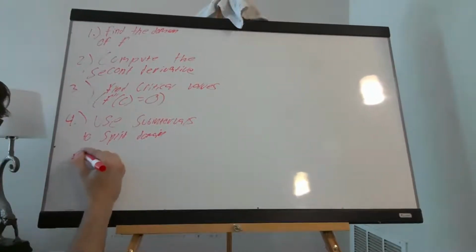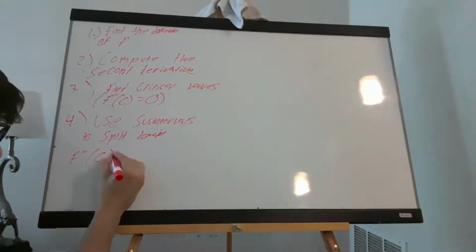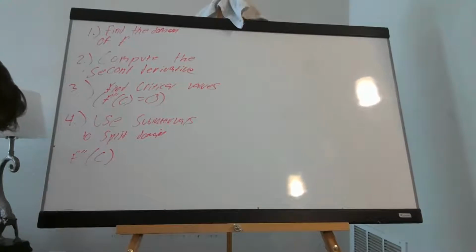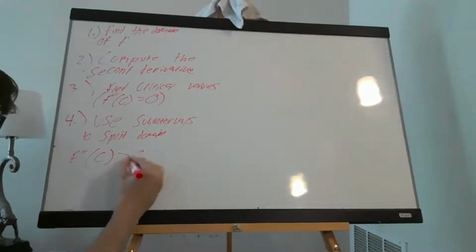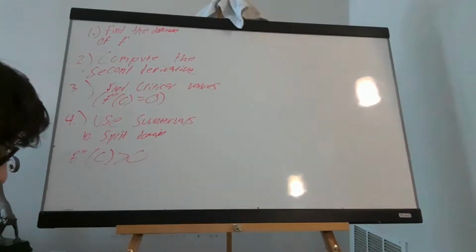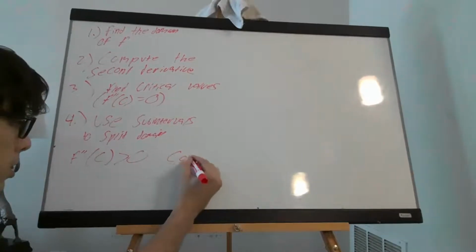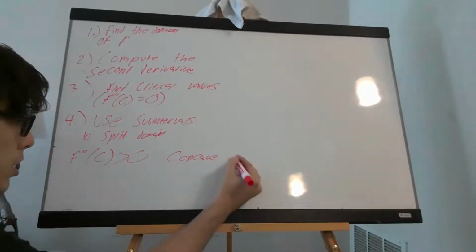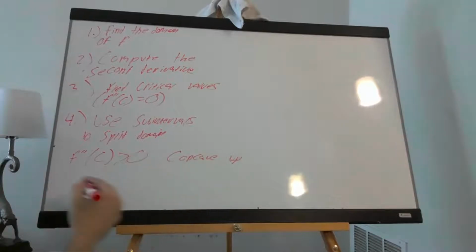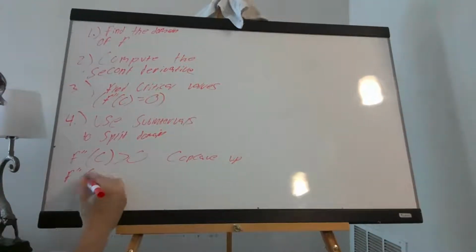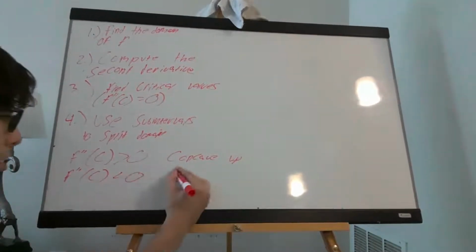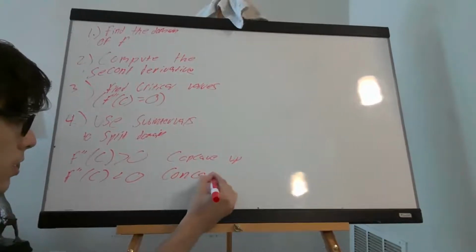If f double prime of whichever value you selected is greater than 0, then concave up, and this is for that subinterval. If f double prime of c is less than 0, concave down.